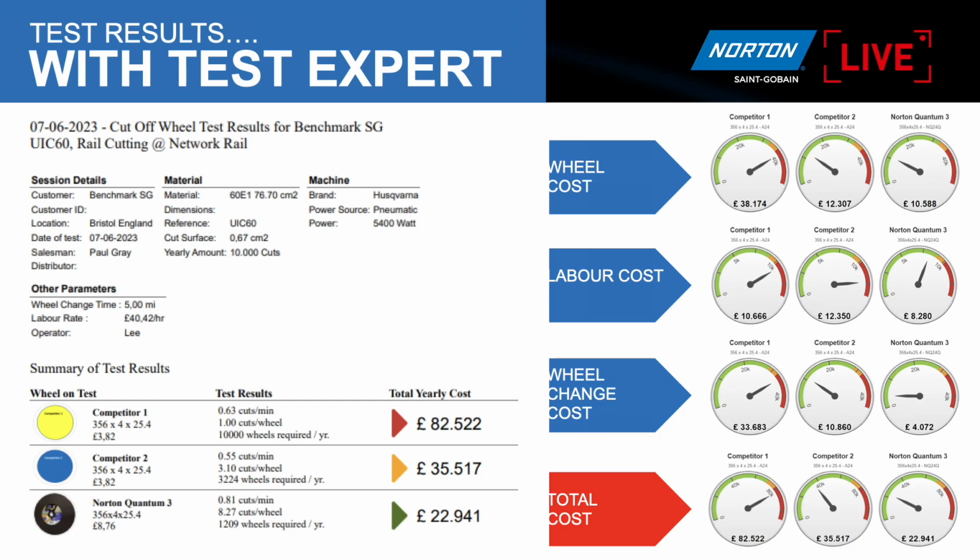Again, this is done at night in severe weather, in not so nice conditions. So you would like to prevent that from happening, and that's where the majority of the cost will take place. So the wheel change cost, as well as the labor cost, which wheel changing is labor as well, will go up the more you have to change your discs, actually, right?